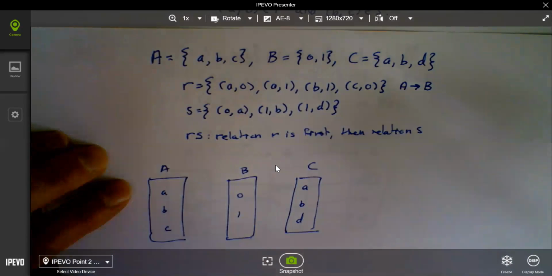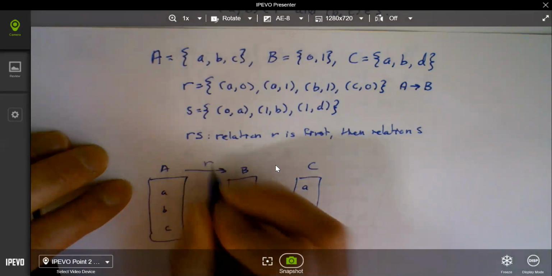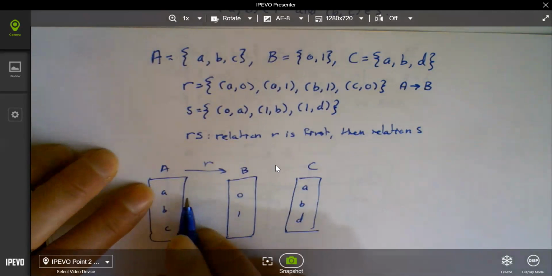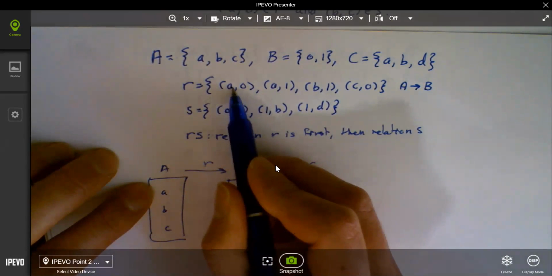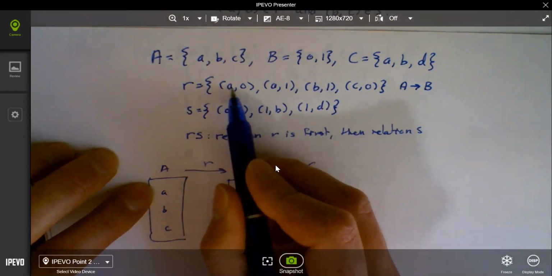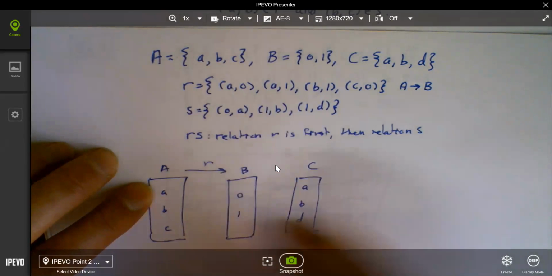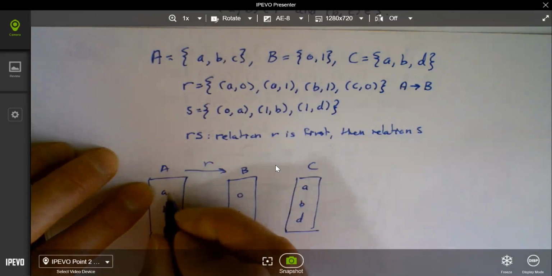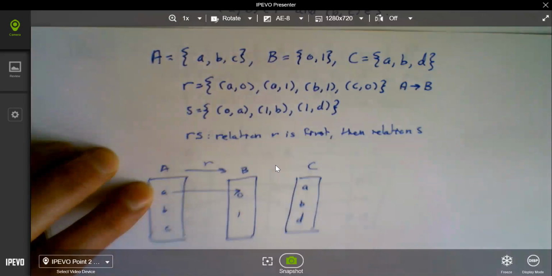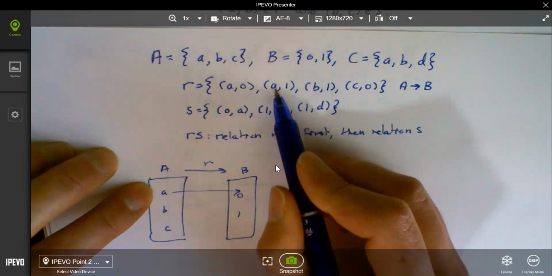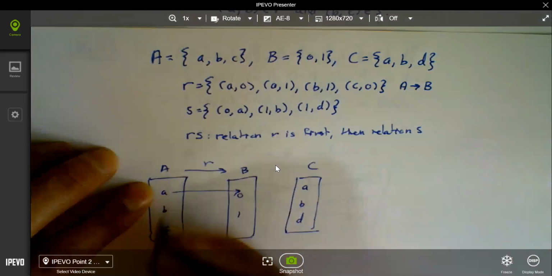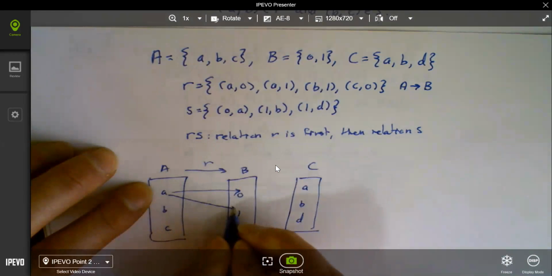R is going to go from A to B. So we're first going to look at the elements in R, reading left to right. We'll take element (a, 0). That tells us to draw an arrow from a to 0. Our next element in R, (a, 1), so we draw an arrow from a to 1.